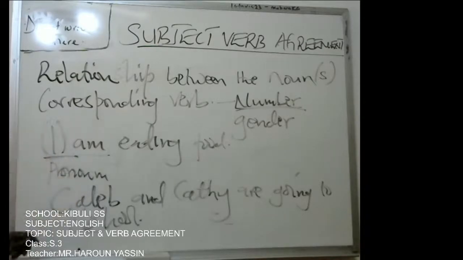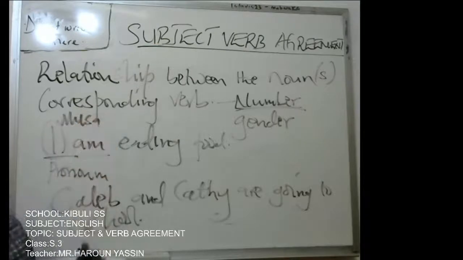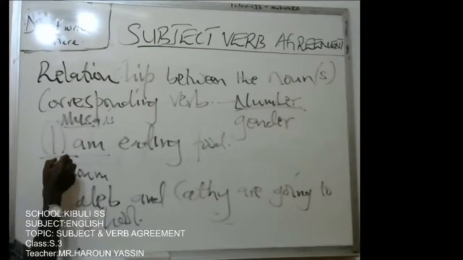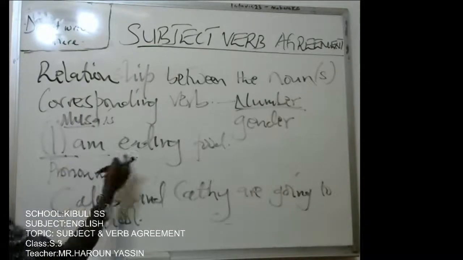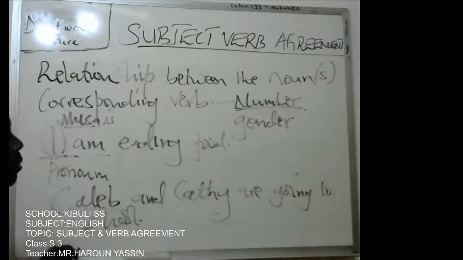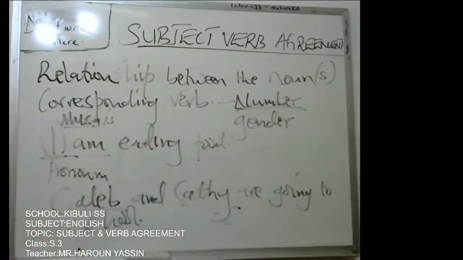We can use a noun and say maybe Musa is, in this case it will be is. Here I have used the pronoun I. But here we have got two nouns. Caleb is one noun and Kathy is another noun.